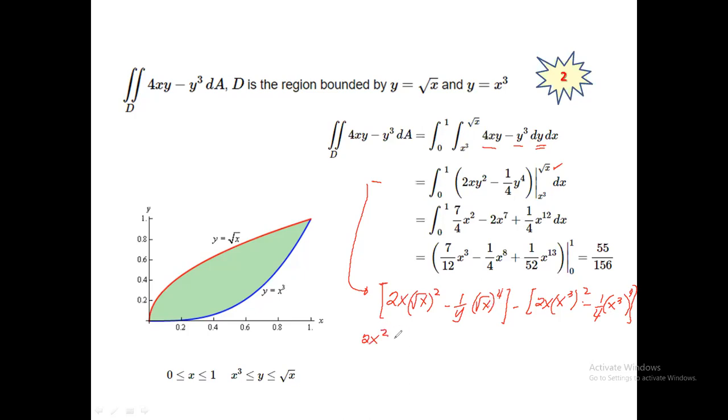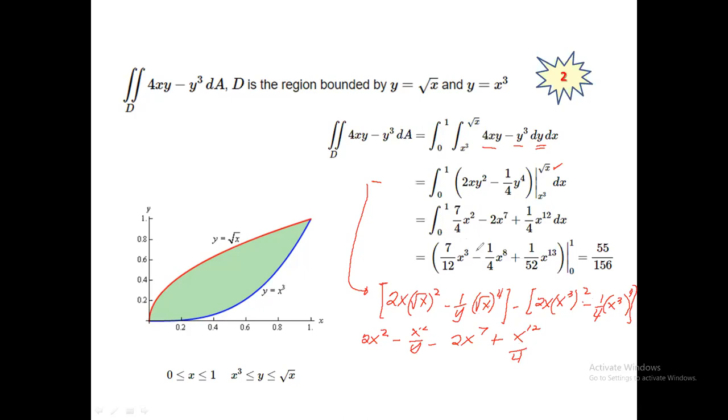This is x squared, so I will have x squared over y, because that's 1/2. This one is x raised to 6 and 7 minus 2x raised to 7 minus minus, that would be plus x cubed raised to 4, so that would be x raised to 12, because it's 4 times 3, divided by 4. Do you see your answer here?